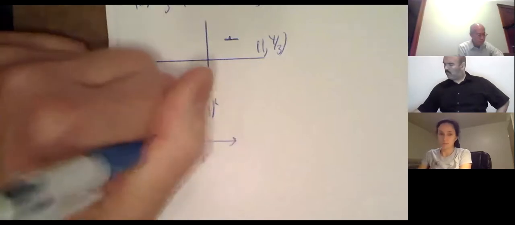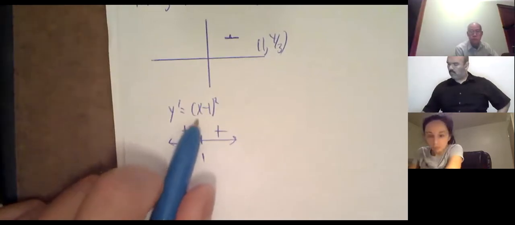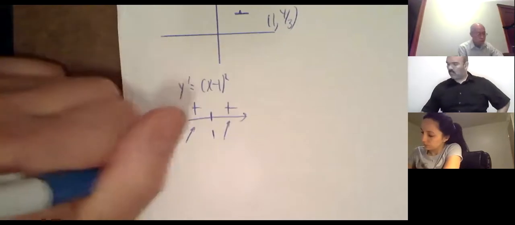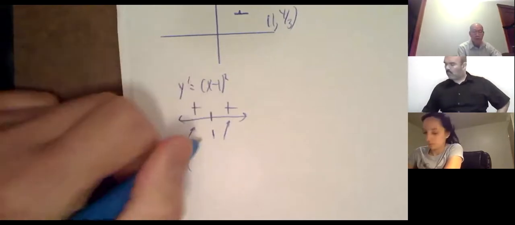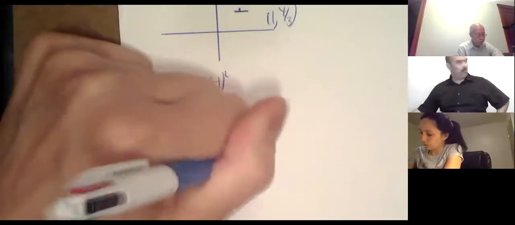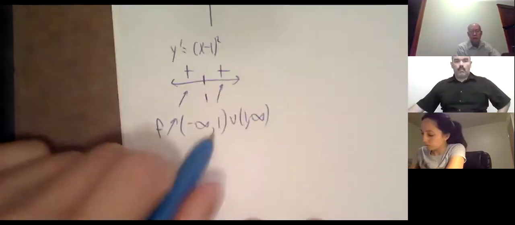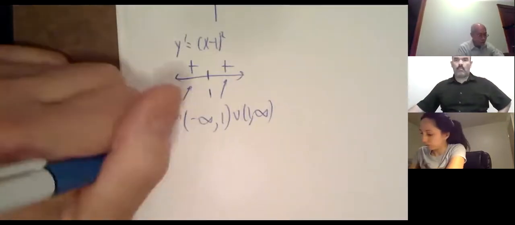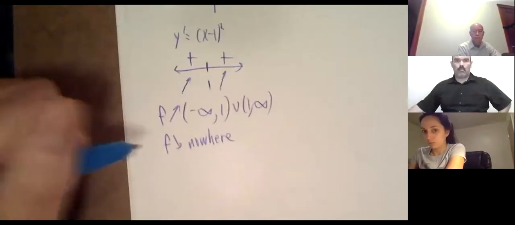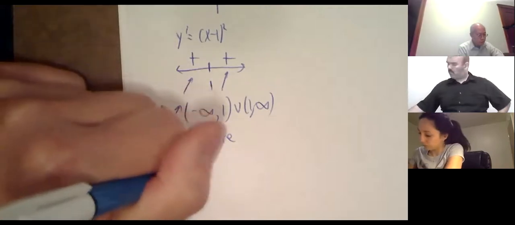It's positive, right? Except when I plug in 1, I'll get 0. So the function's increasing all the time except right at 1. I would say negative infinity to 1 union 1 to infinity. Another way of saying that is everything besides 1. F is decreasing nowhere. And so I have no max and no min.